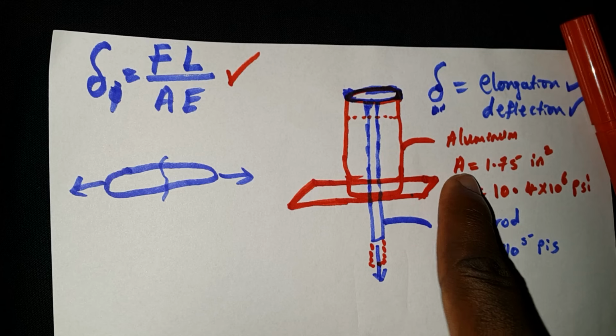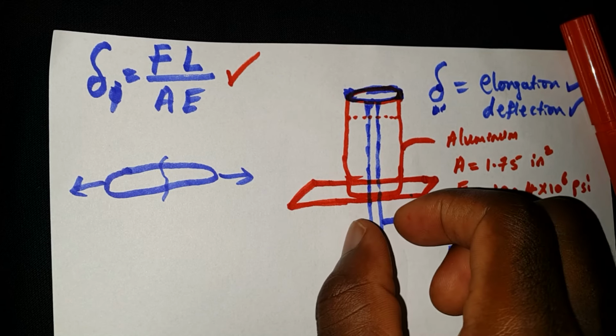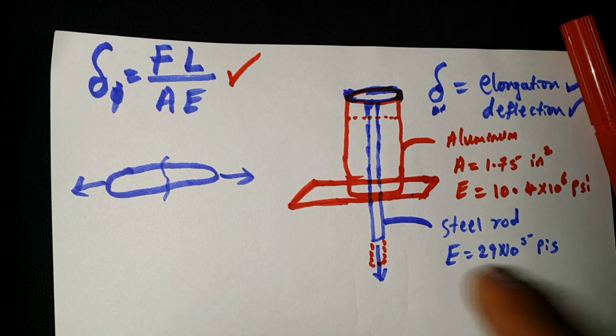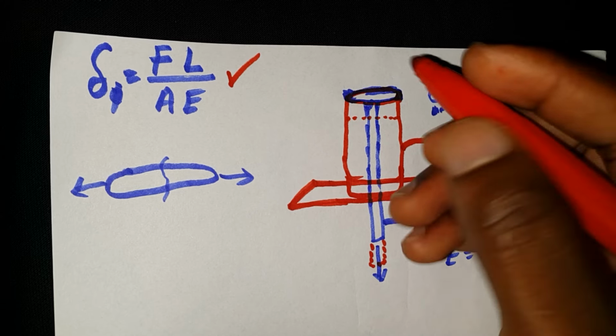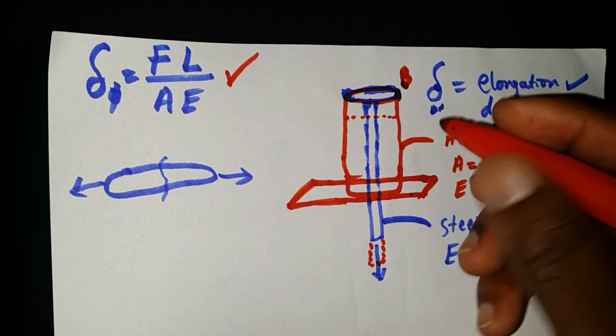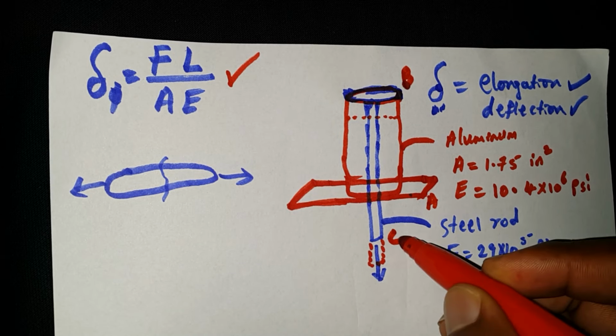We have the area of it and the Young modulus of it. Then we have this rod, and we have the Young modulus of it. Let's call this B. This place B, we will call this A, and we call this C.